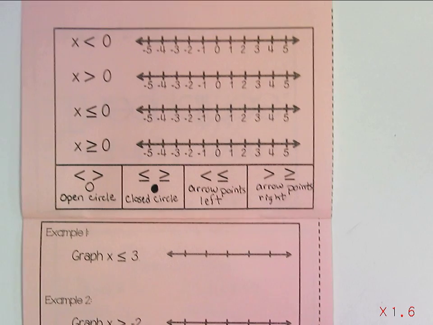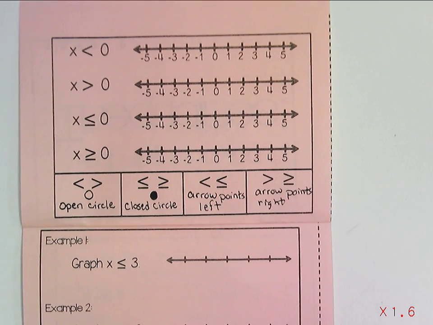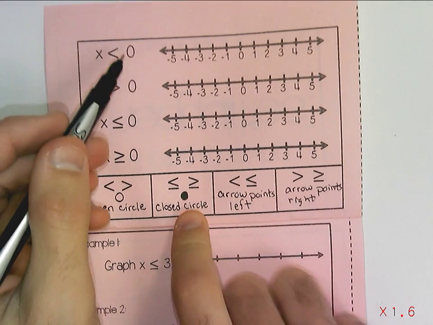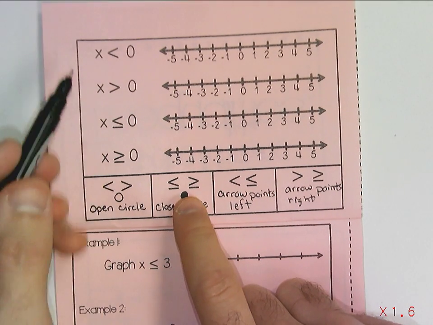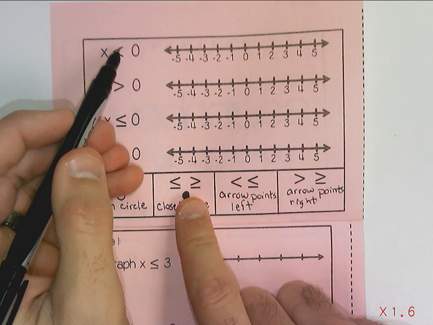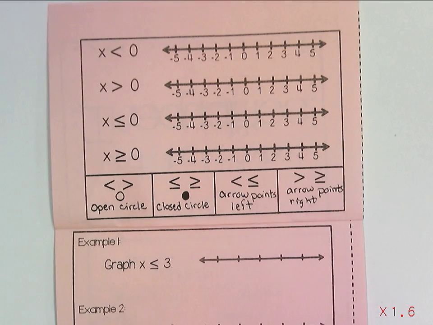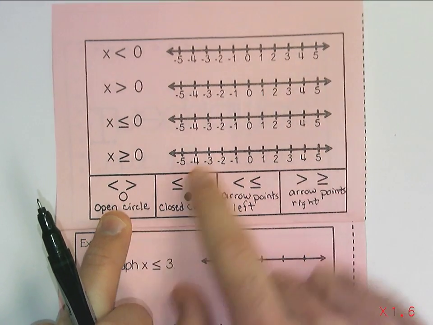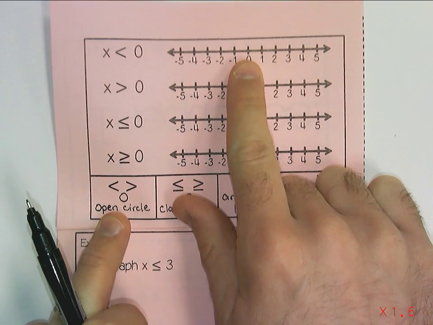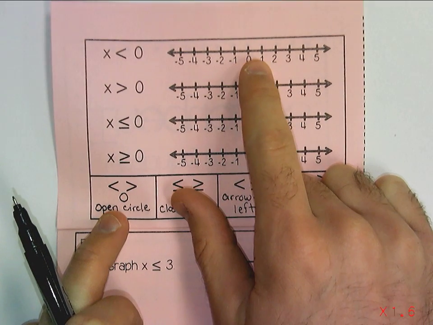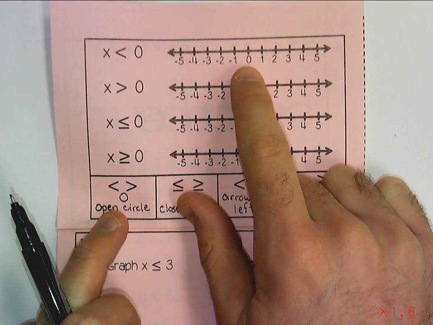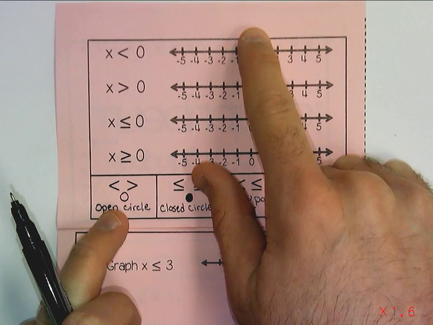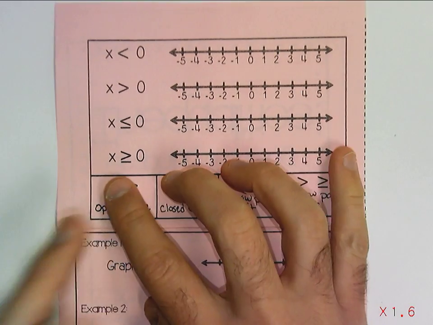So let's take what we know here from this then, and let's apply it to these inequalities up here. So these are very basic ones. Our first one says x is less than 0. So that would mean we need to use an open circle, and the number that we're going to be at is 0. Now typically you'll draw these right on top of the graph, but in this case today I'm just going to draw it above so that it's easier to see.